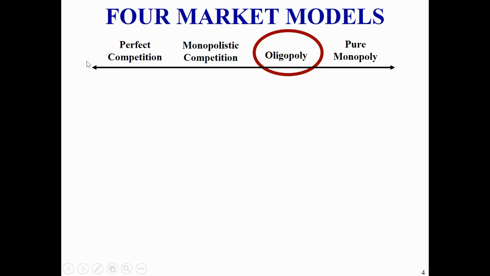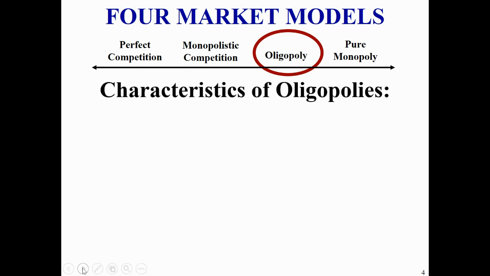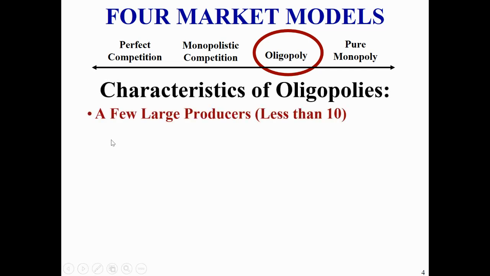Okay, so when we think about the four markets, we're going to talk about an oligopoly. We talked about perfectly competitive with tons and tons of people in the market. Then we talked about a pure monopoly, which is only one in the market. Now, an oligopoly, we're looking at 2 to 4 firms that are controlling the market. A few large producers, less than 10.